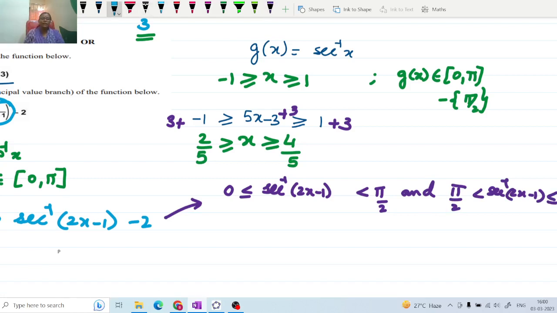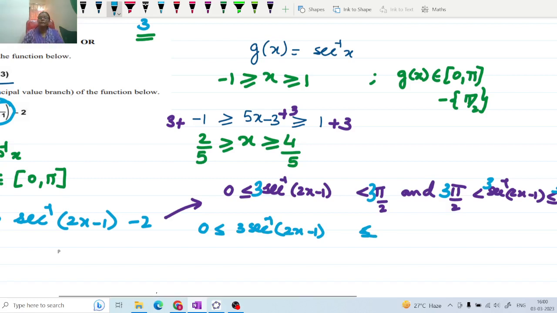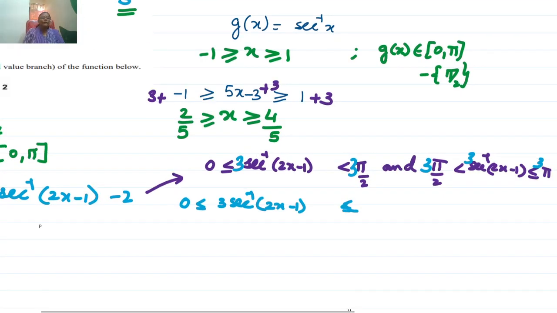Now let us rewrite the question. Let's multiply the whole expression by 3. When the whole expression is multiplied by 3, what do we get? 0 is less than or equal to 3 times sec inverse of 2x minus 1, which is less than 3 pi on 2. Now what is 3 pi on 2?